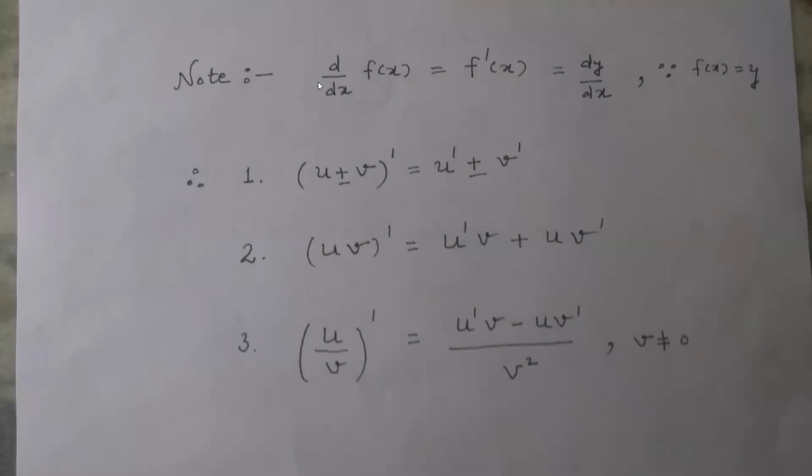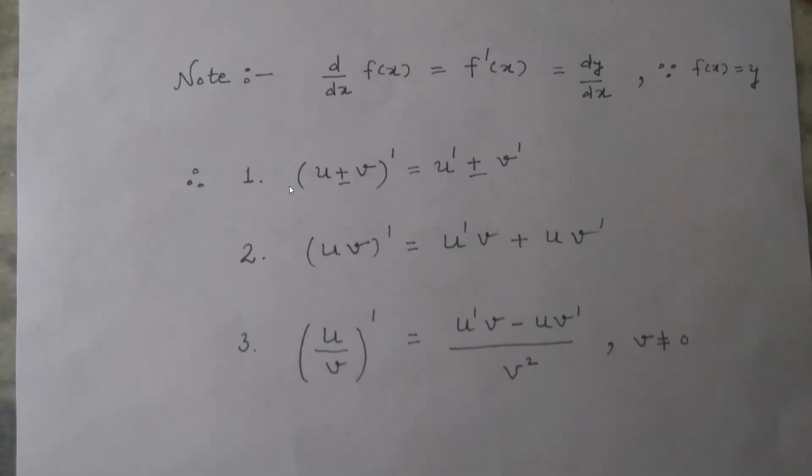So when we find the derivative of the function, this becomes f dash x. This is also symbolic information. Also, sometimes we write this as dy dx. So if we put y is equal to f of x, then this derivative becomes dy dx. Out of these expressions, we can use any one.